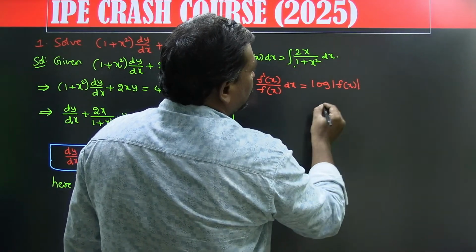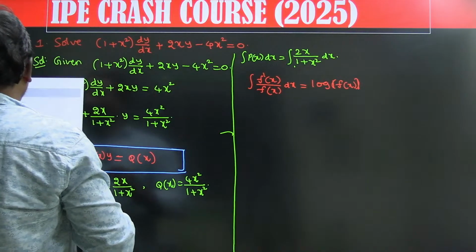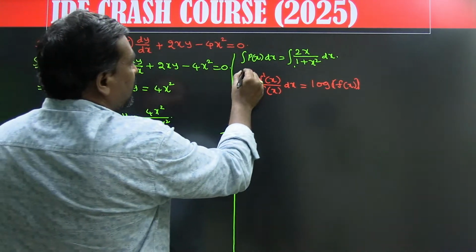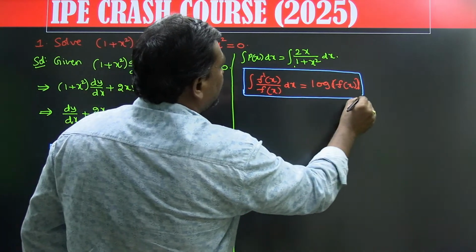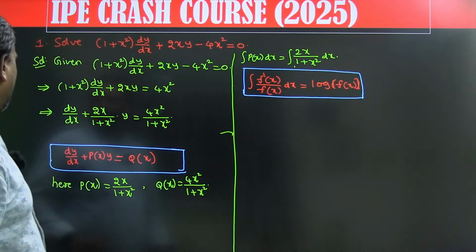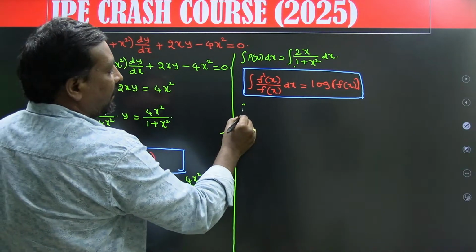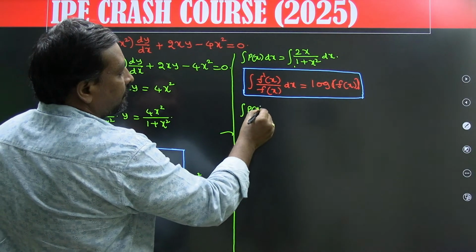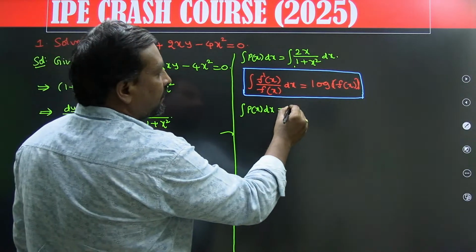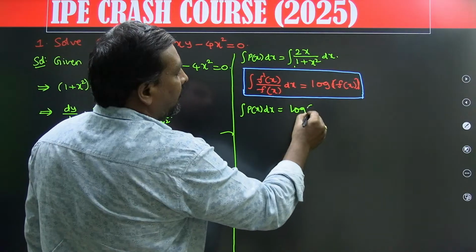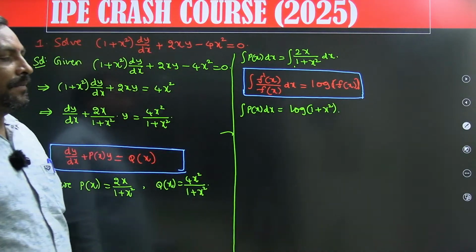This is the formula here. By this formula, the integration of p of x dx is equal to log of (1 plus x square).